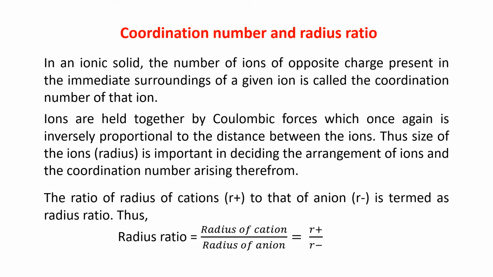Now it is coordination number and radius ratio. You are familiar with coordination number. Radius ratio is something related to the radius of the cation and radius of the anion. You can understand it very well that it is coming with ionic crystals.